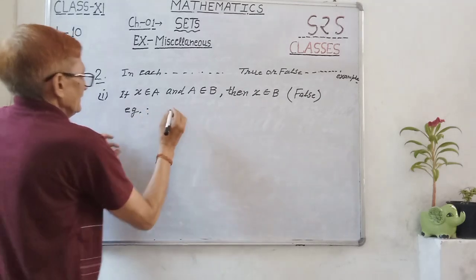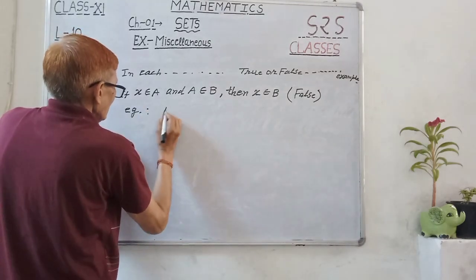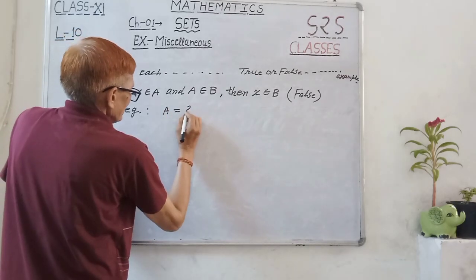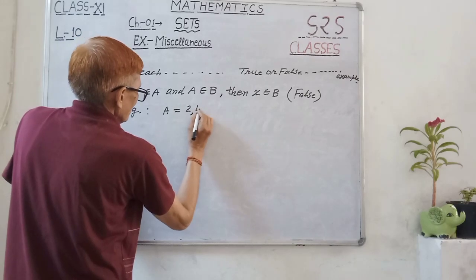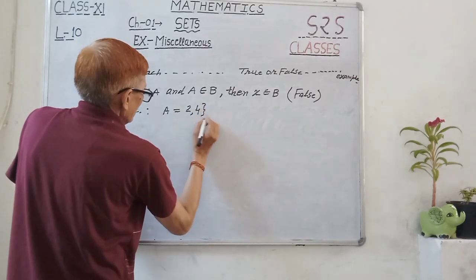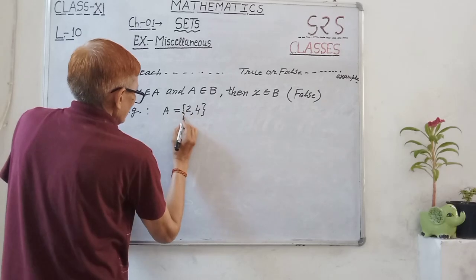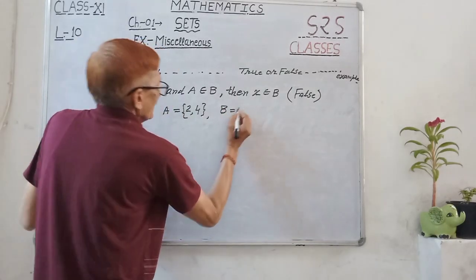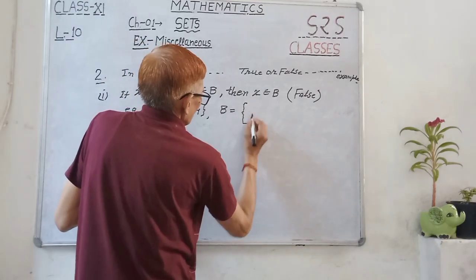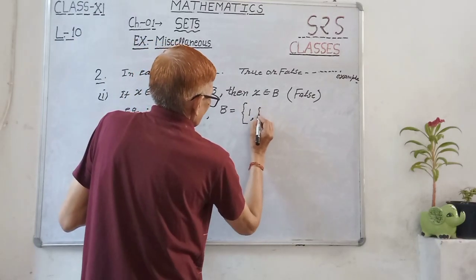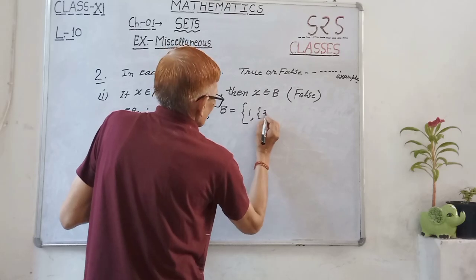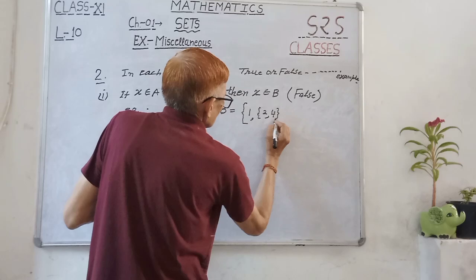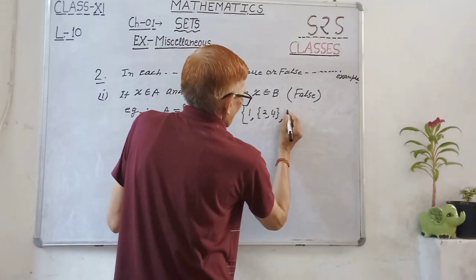Yes, let set A equal {2, 4}, and set B equal {1, {2, 4}, 5}. This {2, 4} is here in set form.